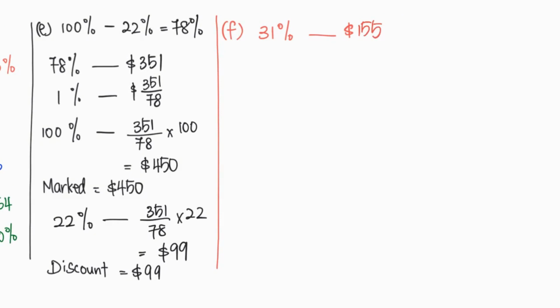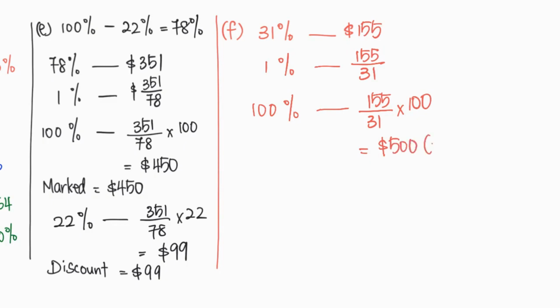So I will have to find 1%, which is 155 over 31, and my 100%, which is the mark price. I will get $500, and this will be my mark price.